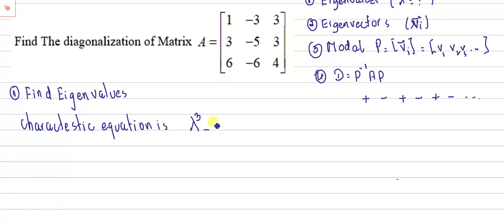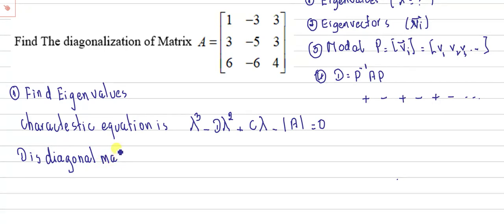So I just write lambda squared, D lambda squared, plus C lambda, minus determinant of A equal to 0. Here D is the diagonal of matrix A.